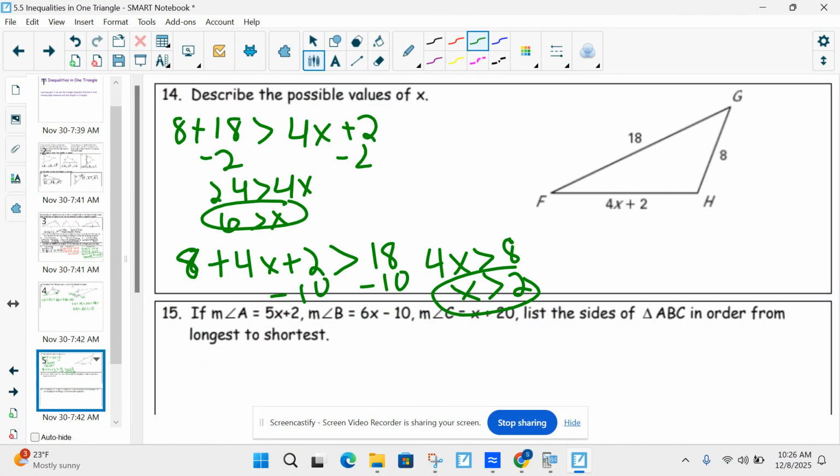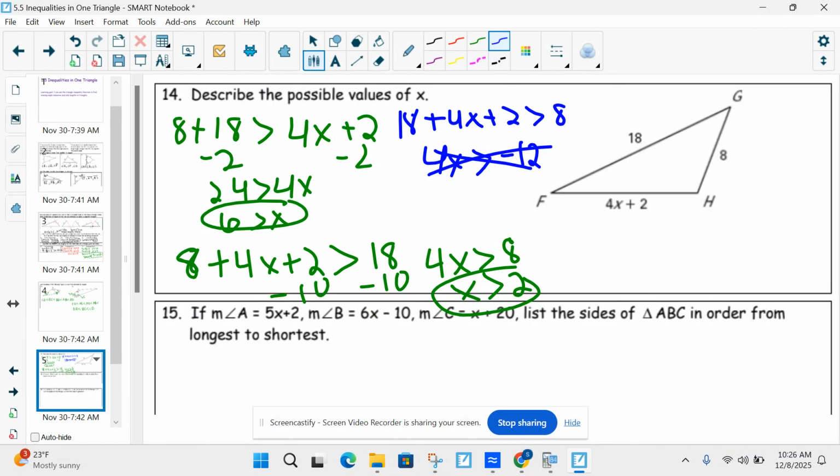If I try the third combination, 18 plus 4x plus 2 is greater than 8. That would be 20, and if I subtract 20 over from the 18 and 2, we would get negative 12. That would give us a negative answer, so we're going to ignore that one.